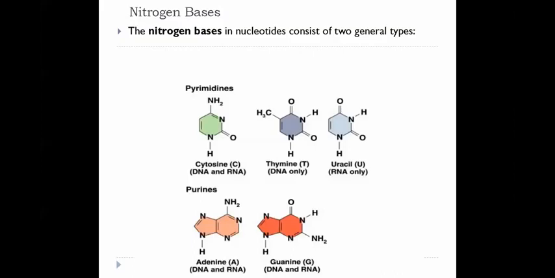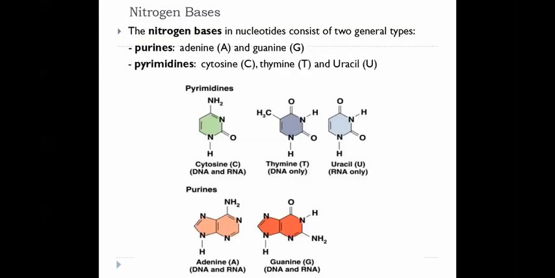So nitrogenous bases in nucleotides consist of 2 groups, which we've already talked of. Purines: adenine is abbreviated as A, and guanine is abbreviated as G. Then pyrimidines: cytosine, C, thymine, T, uracil, U. So these are points to remember.